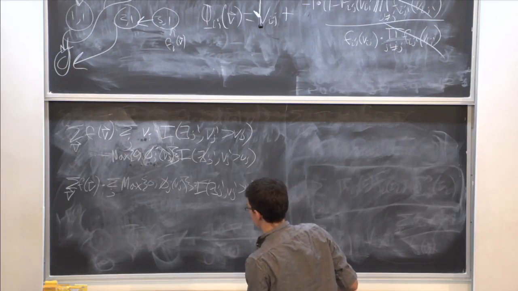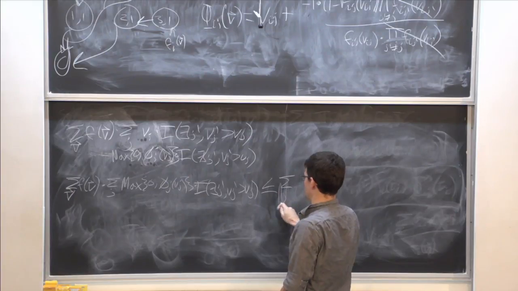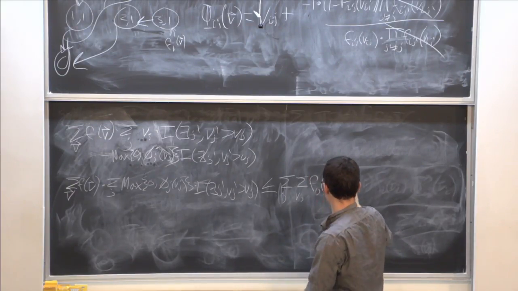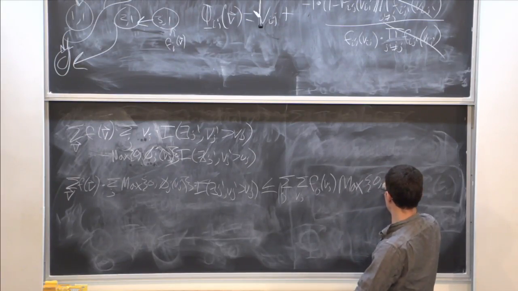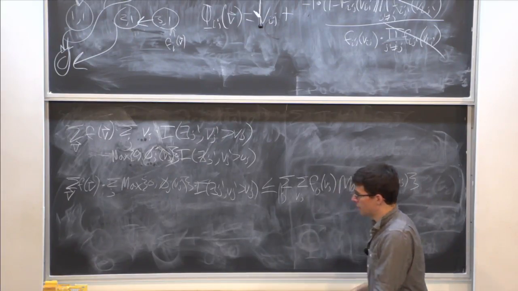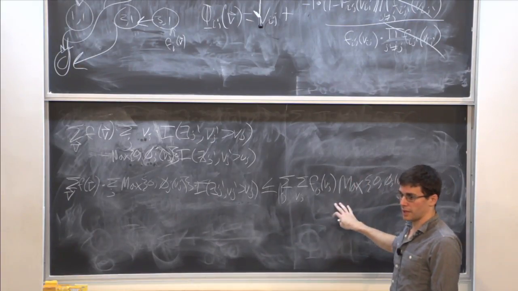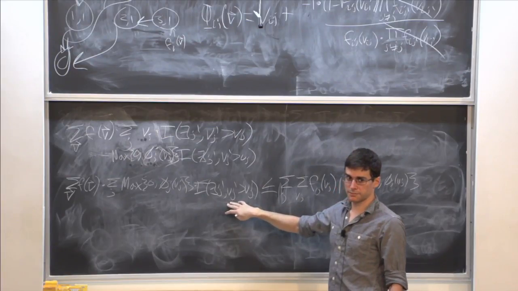I claim this is actually upper bounded by the sum over all j, sum over all vj. All I'm claiming, in going from the left to the right, is that I've upper bounded this indicator by 1.